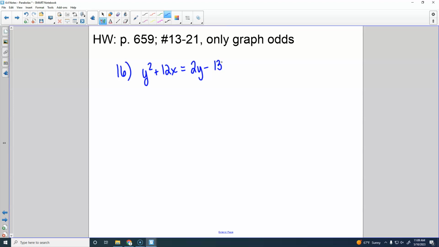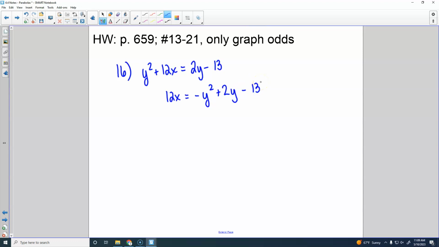Okay, so first of all, we need to think about which variable needs to be solved for, the x or the y. Which one is it going to be here? The x, okay? So we need to get that x by itself. We're going to move the y over to the other side. So we'll have 12x equals negative y squared plus 2y minus 13.